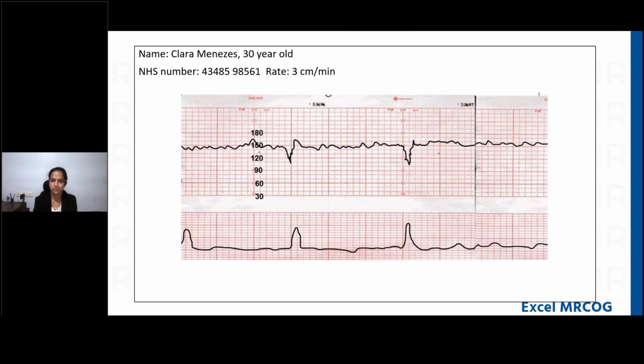How to interpret the CTG is based on one mnemonic known as DR C BRAVADO. C means contractions, B means baseline rate, A means acceleration, and variability.